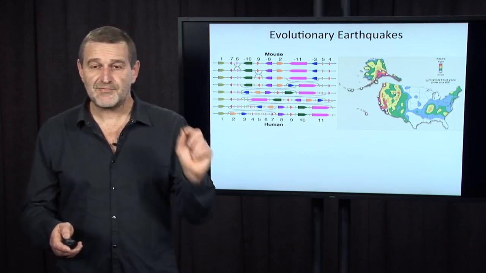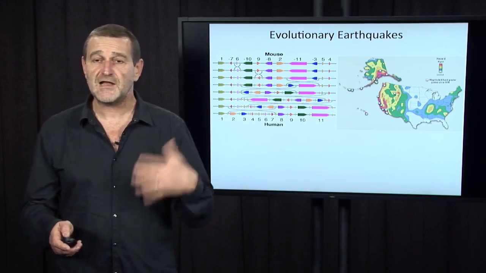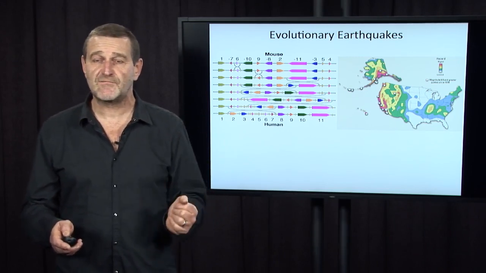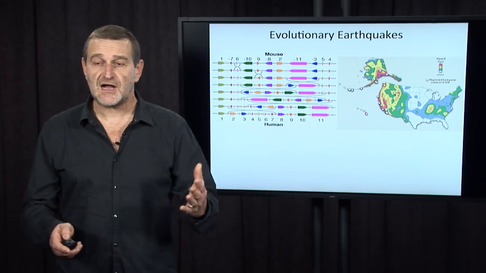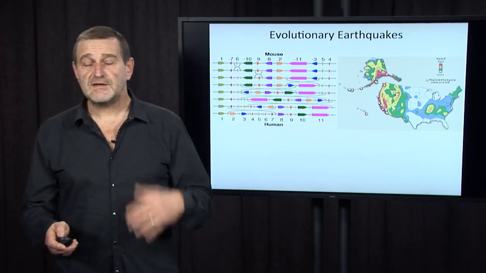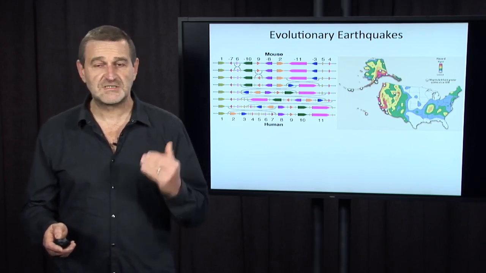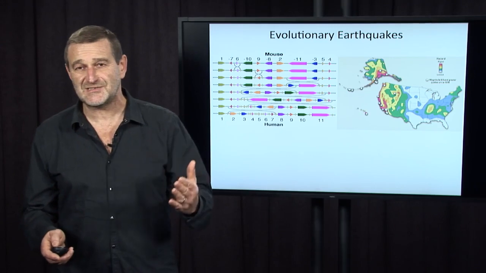Or they may bring a gene to a completely foreign territory and put it under the influence of a wrong transcription factor, thus disrupting gene regulation. Now, if rearrangements can be compared to earthquakes, we know that earthquakes are not happening just at random points.